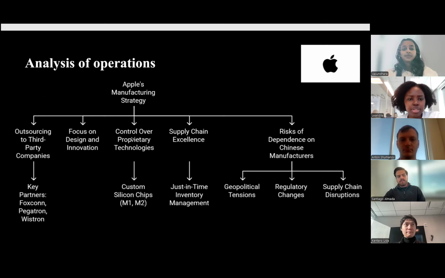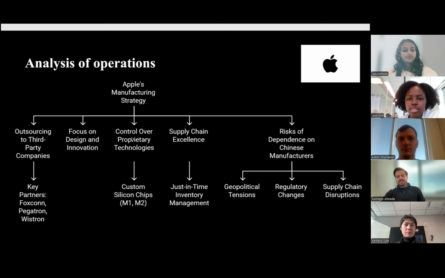So this schema shows the analysis of the overall operation of Apple and what parties are involved in their chains. When they outsource to third parties, they have key partners like Foxconn, Pegatron and Wistron, so they can focus on design and innovation. This allows them to have control over proprietary technologies like their silicon chips.